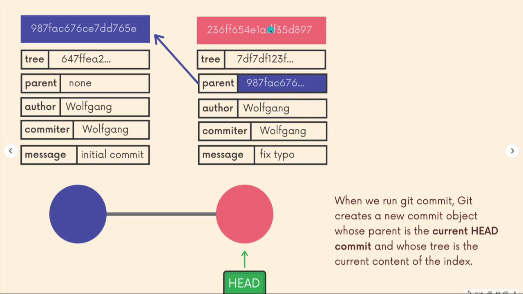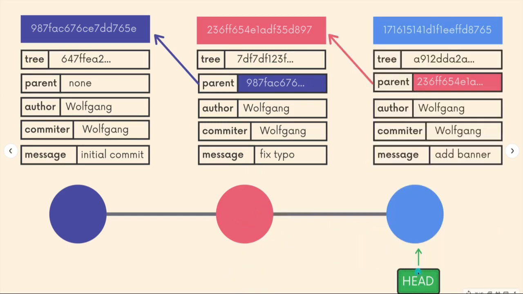And then there's the metadata, author, committer, message, and then that whole thing is hashed, and we end up with this commit hash. So if I make a new commit, remember what I said here, that when we make a new commit, the head commit is going to be the parent of that new commit. So this was head right here, now head is here, and this commit refers back to the commit before it, the parent.